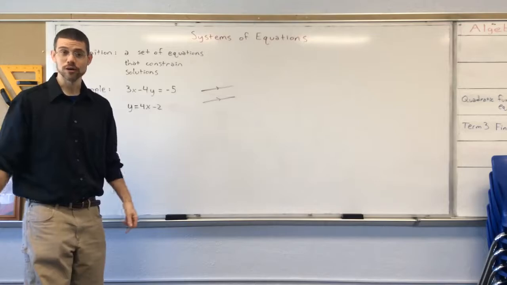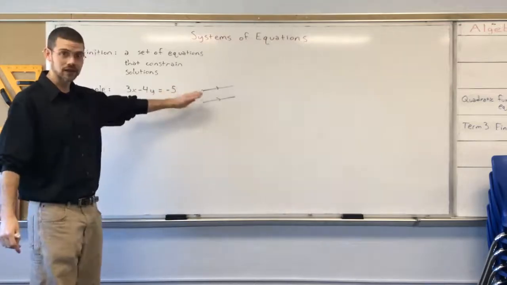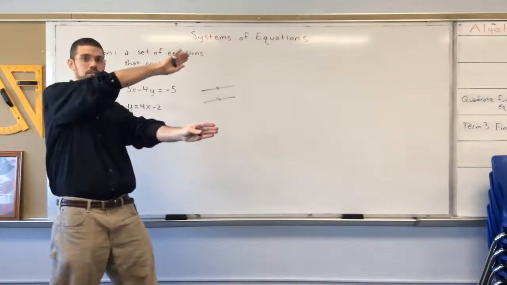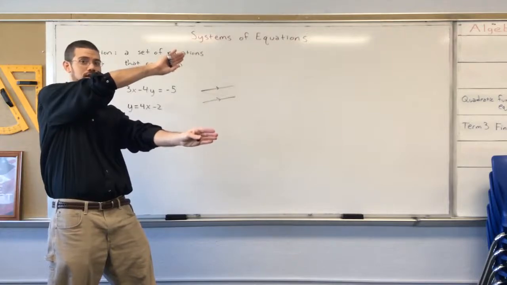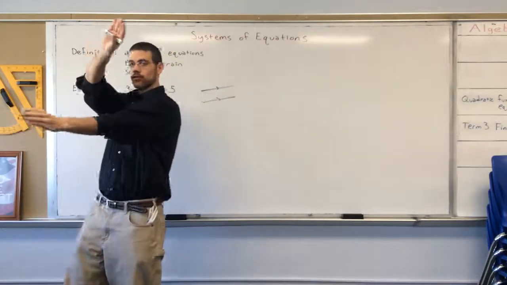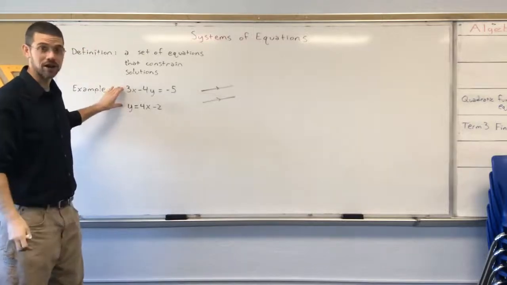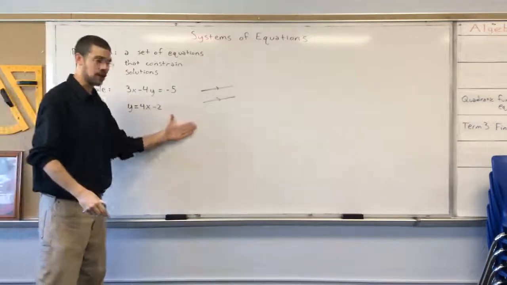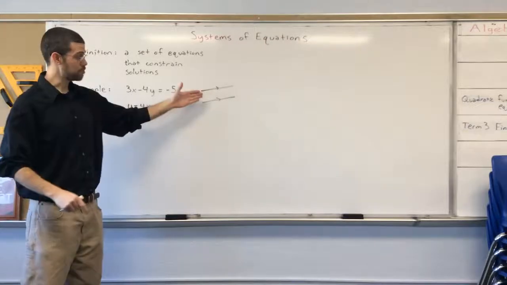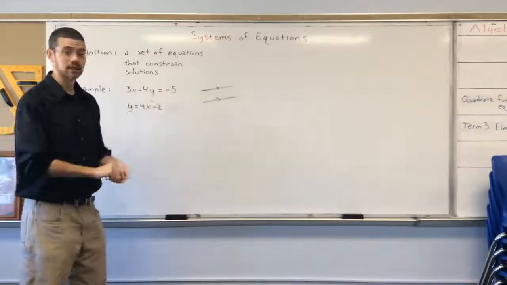Well, those are kind of our two options, I guess, in a plane. You could also have lines in space that don't intersect, like this. Those are called skew lines, but this is assuming you have an xy coordinate plane, which is flat. So you're either going to have parallel lines or you're going to have intersecting lines.